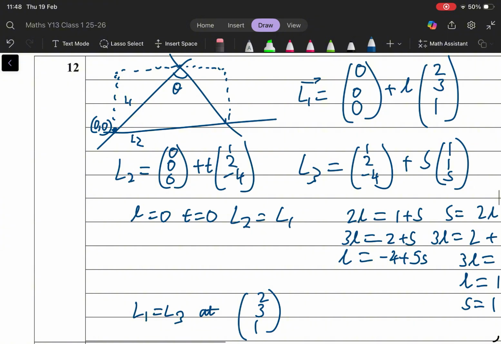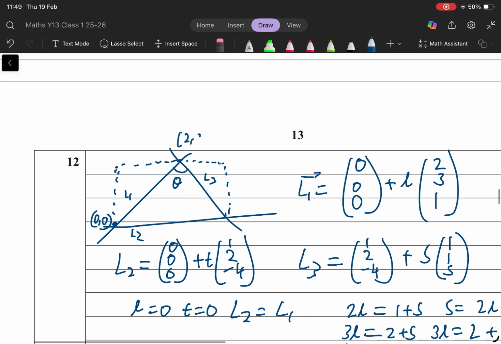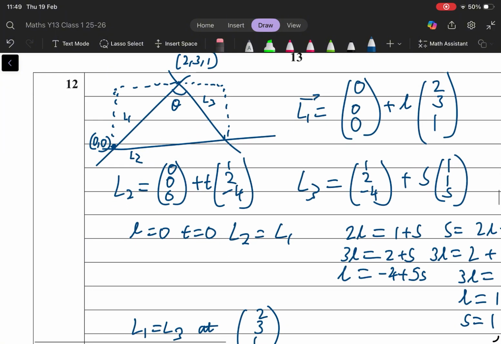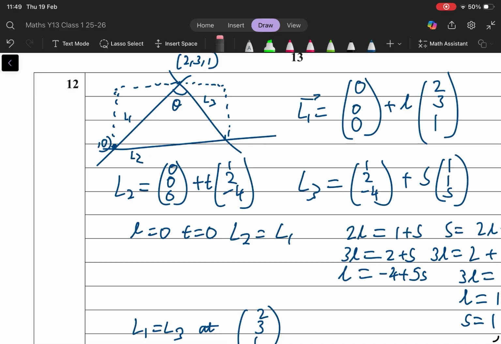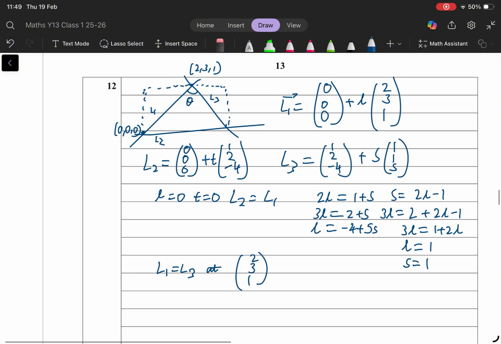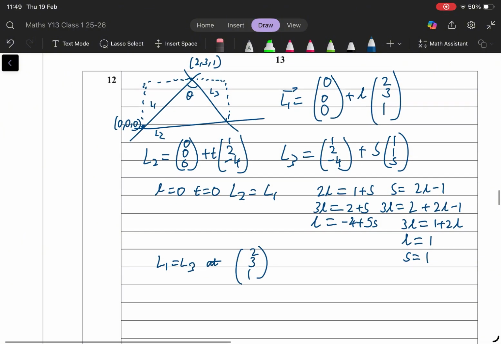Wait, so that was L1, that was L3. We found that point there, that's (2, 3, 1). I keep track of that so we use the right angle, I guess. It doesn't really matter that much which way you go around this triangle, but you want to keep track of which point is which and which line is which, so you can choose the right angle, I guess.